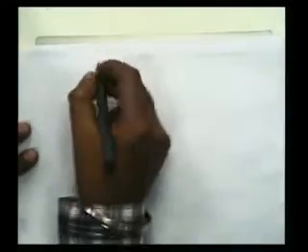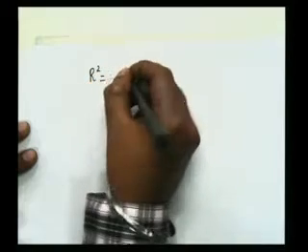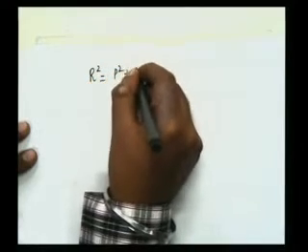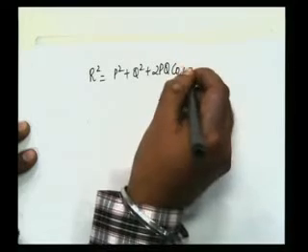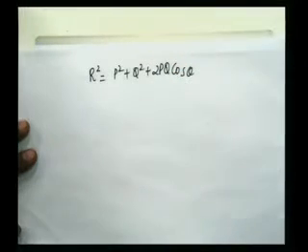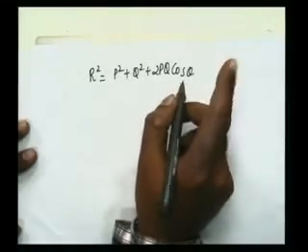we are having the equation R square is equal to P square plus Q square plus 2PQ cos theta, and we also know that for R to be maximum, theta has to be equal to 0. So cos theta becomes 1, right?